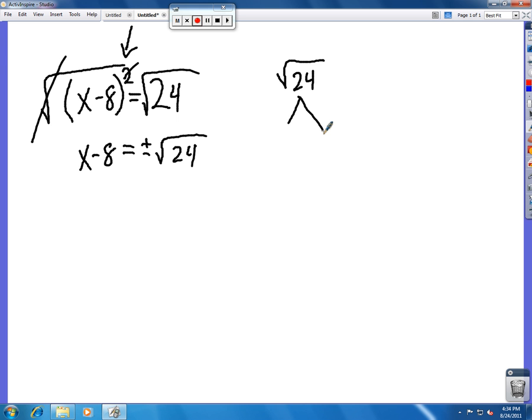So what are two numbers? Let's say 4 and 6. The square root of 4 is 2, because 2 times 2 is 4. So here you actually have this, and this can be subbed in place of the square root of 24. So let's sub that in.